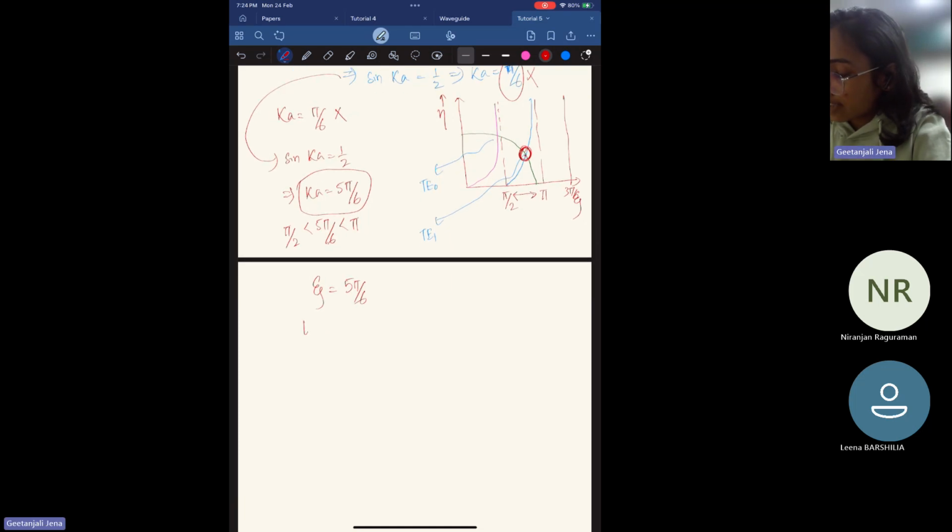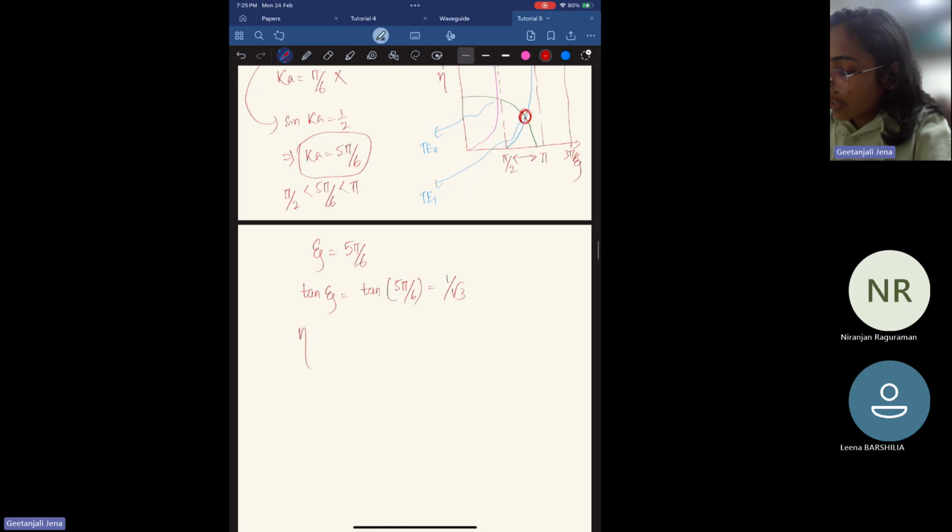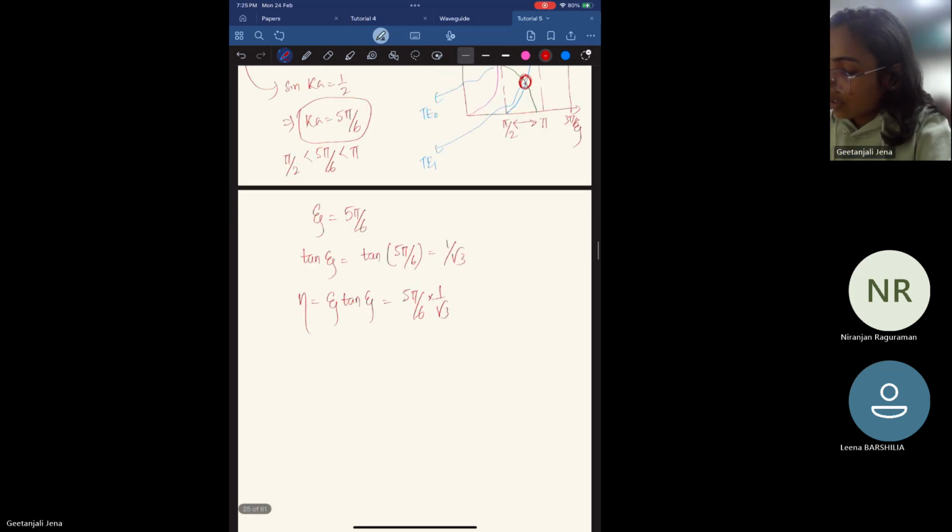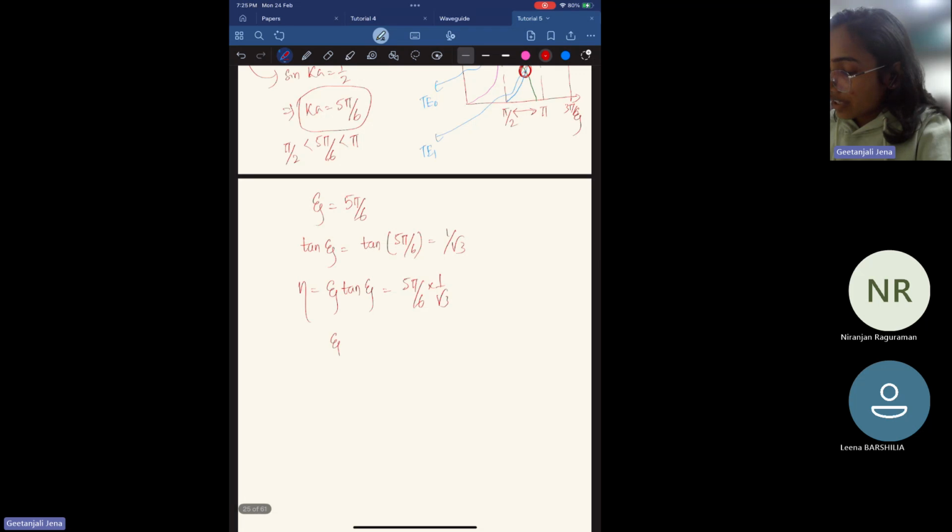So what is tan zeta now? It will be tan 5 pi by 6, which is 1 by root 3. So now you can easily calculate what is eta. Eta is zeta tan zeta, which is 5 pi by 6 and 1 by root 3. Now just use the relation zeta square plus eta square is v square.